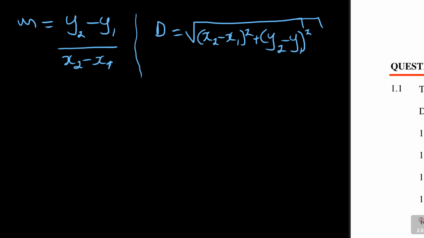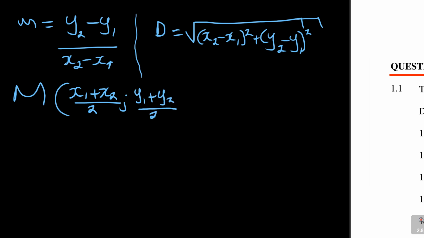And then you have got the midpoint formula, m. So what is your m? Midpoint, it's x1 plus x2, these are the coordinates of the midpoint, divided by 2. And then you've got y1 plus y2, you divide by 2. You definitely need to know this. And lastly, you've got the equation of a straight line. There are two of them. You've got y is equal to mx plus c.